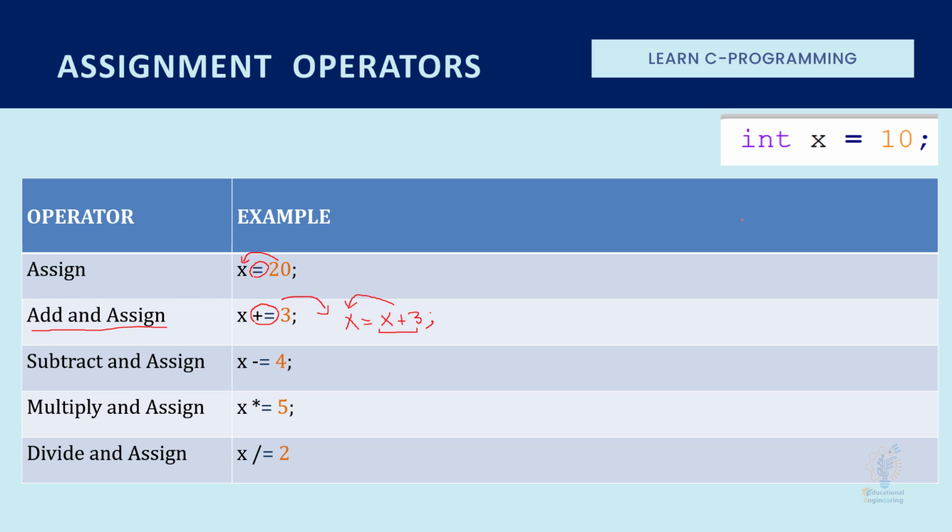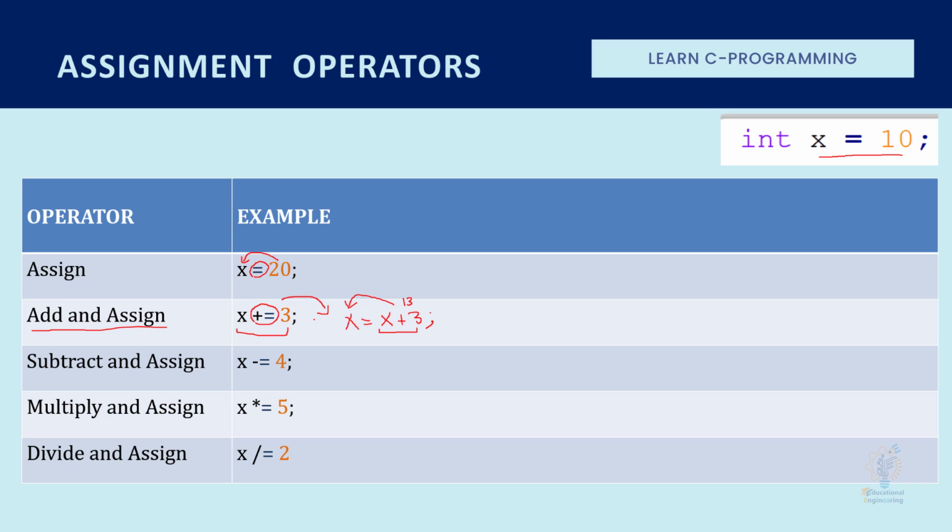So in this case, if x equals 10, which is the previous value of x, 10 plus 3 equals 13, and this 13 will be stored inside x as the new value. We usually use the plus equal 3 to shorten this equation into this shape.